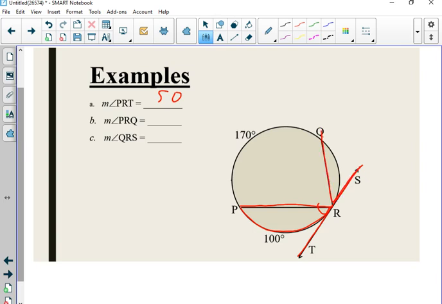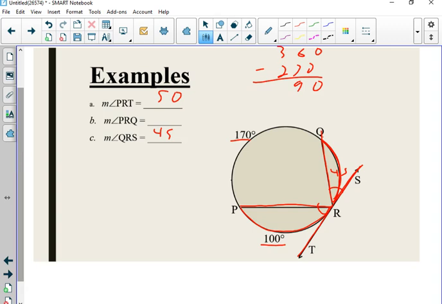QRS is right here. So that's going to be half of this intercepted arc, which we don't have. But we do have this and this, which make 270. Subtract that from 360, and we get 90. Half of that is 45. So we know this is 45.